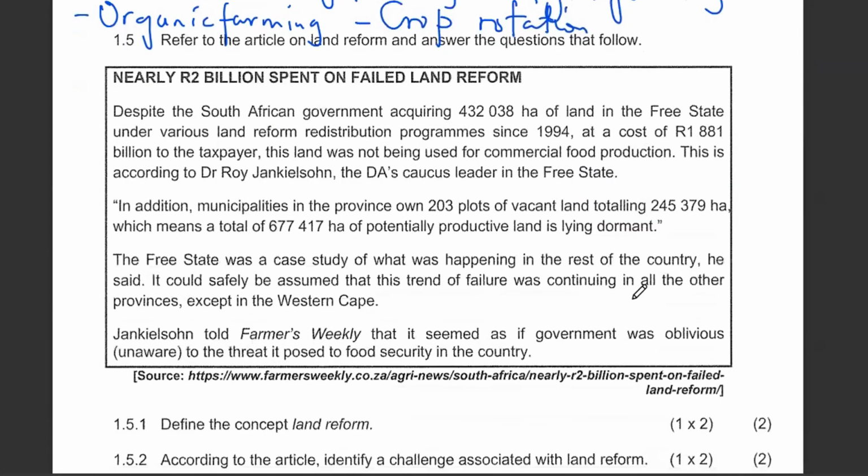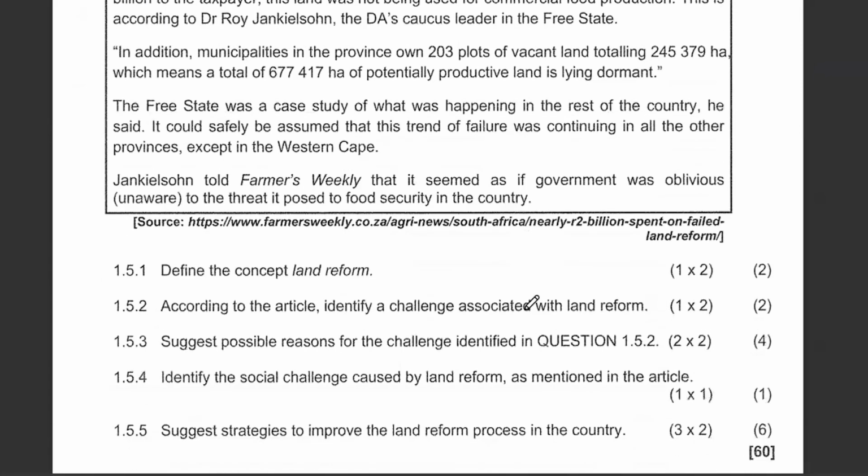It's an article, nearly 2 billion spent on failed land reform. Right, define the concept land reform. When you're defining this concept, you must address the basics.